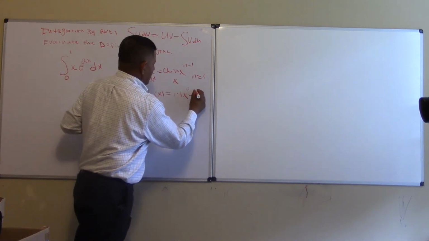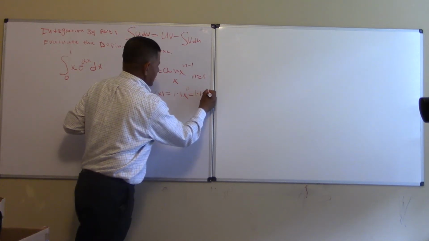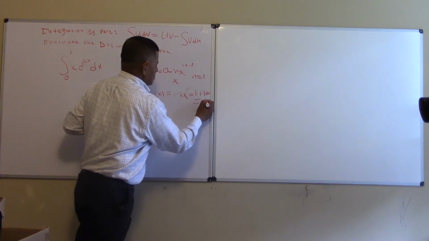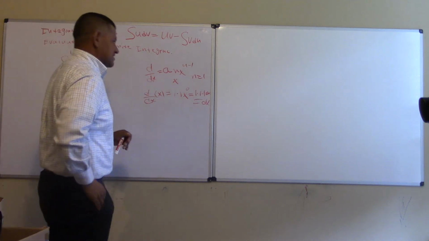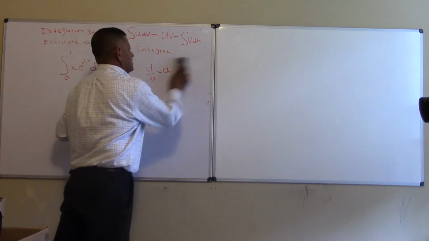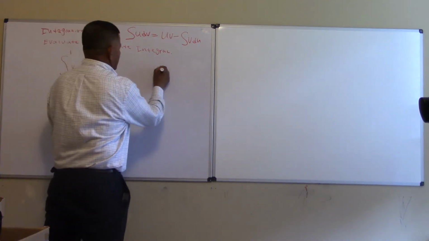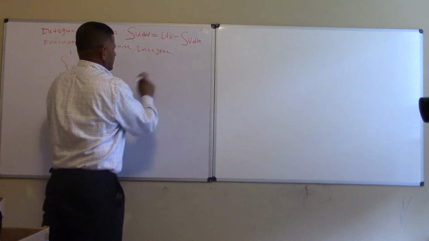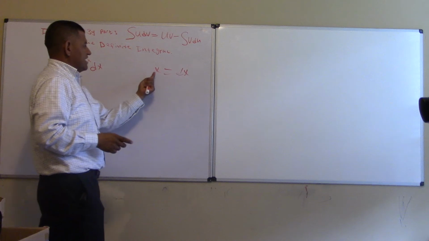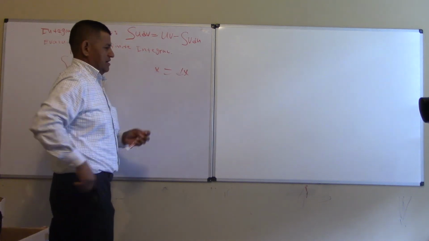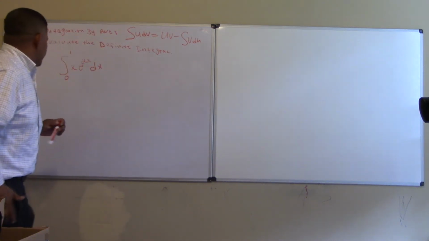So technically I get 1 times 1 times 1 and dx, which is equal to dx. That's how you get dx. The books a lot of the time say that the derivative of x is equal to dx, and they don't take the time to explain that you have a 1 in front of the dx. But anyway, that's it.